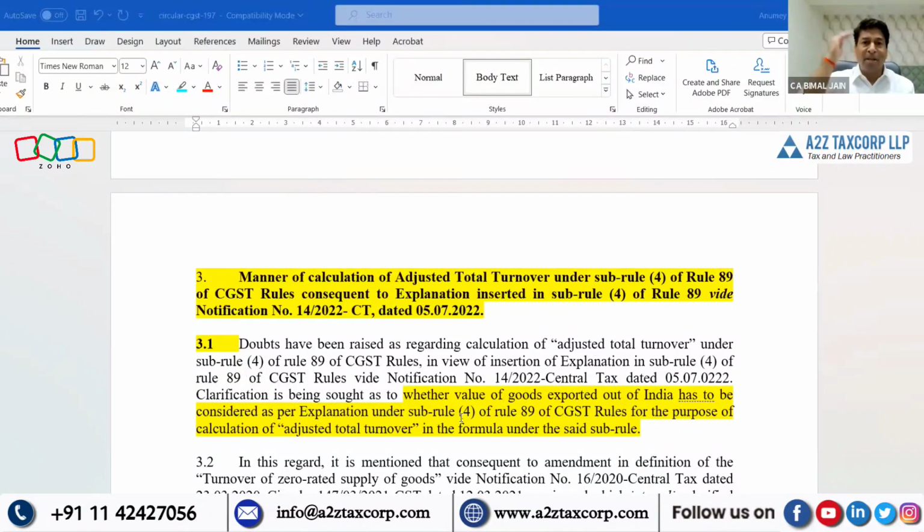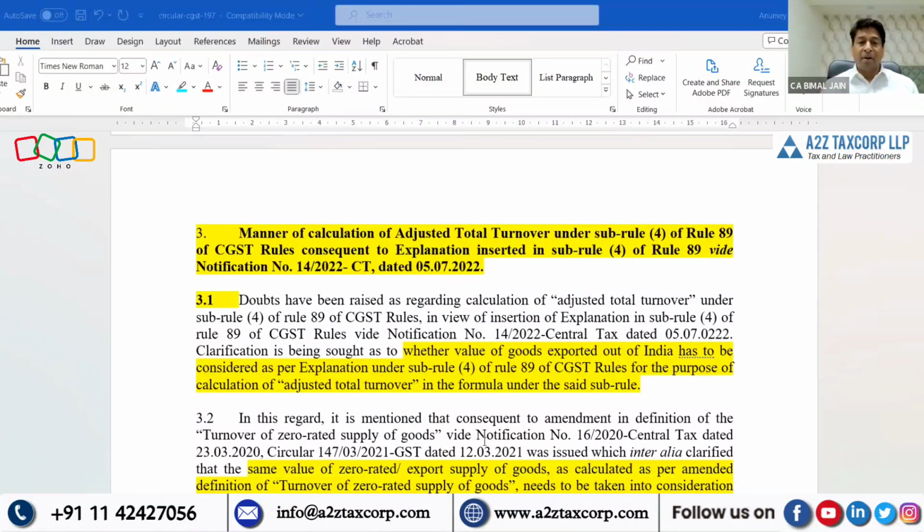You must be recalling the numerator is export, the denominator is your adjusted total turnover. So consequent to the explanation inserted in sub-rule 4 of rule 89 by notification number 14/2022, the simplistic meaning is what they are clarifying.